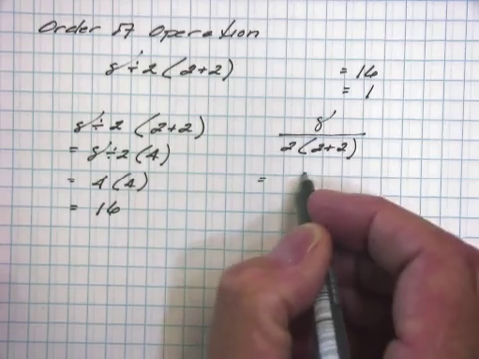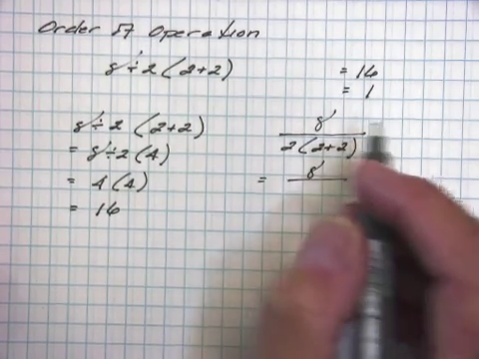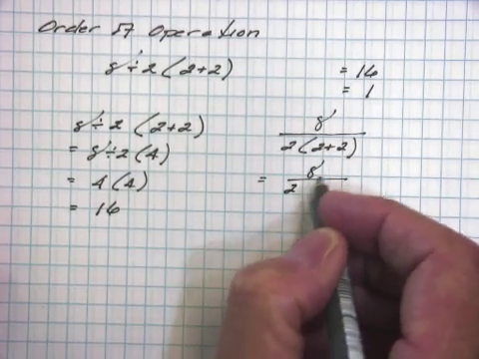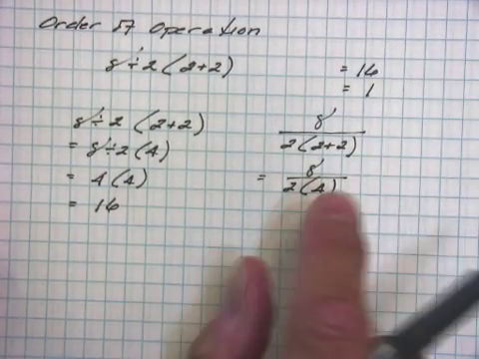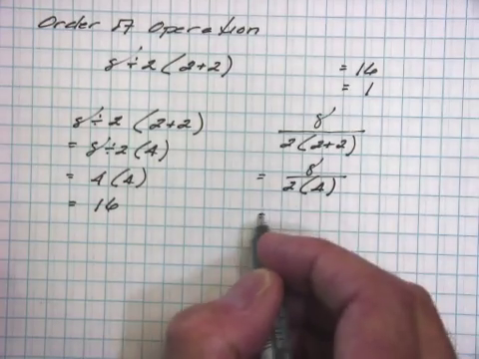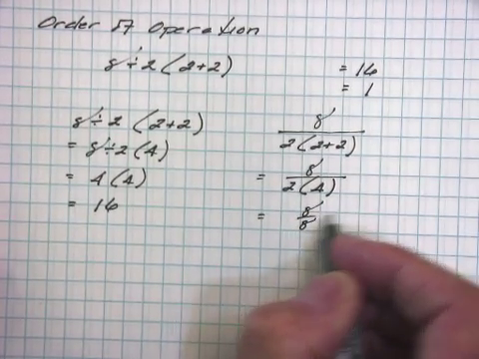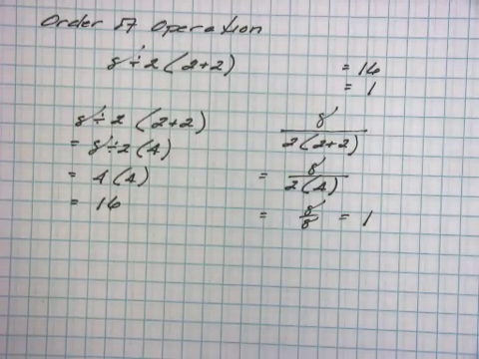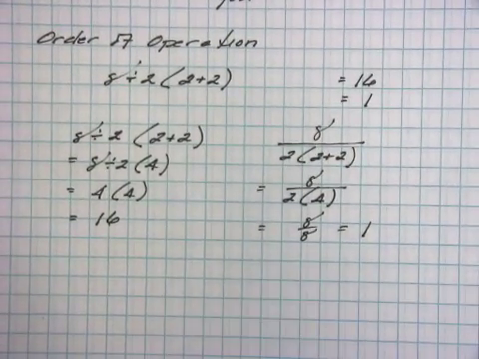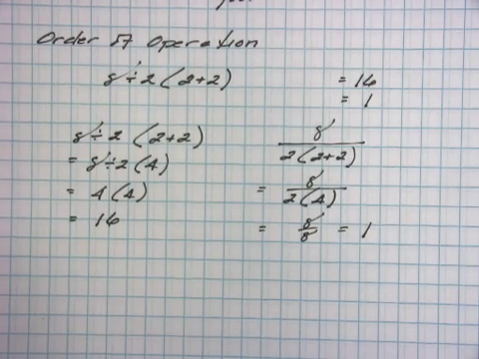This is also 8 divided by 2 times 2 plus 2. But what does this become? So this is 8 over, now I'm going to go 2 times, I'm going to add the 2 and the 2 in the parentheses. Now, I've got a multiplication here, so I'm going to go 8 divided by 8, which is 1.